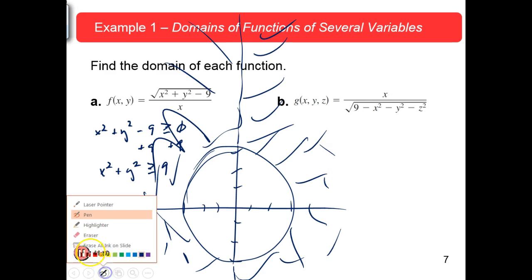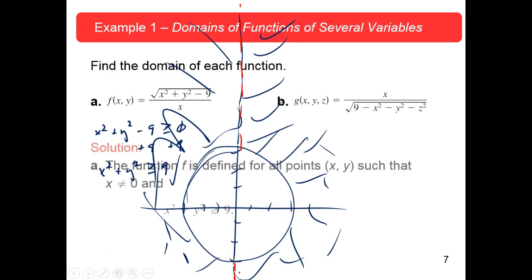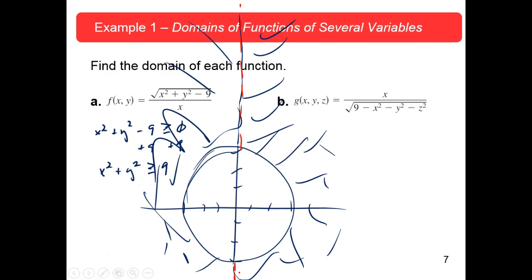But this, let's do that in red, which indicates you can't go there. You can't touch that. Anything on this side and outside the circle, and anything on that side and outside the circle, but also x can't be 0. So it can't be anything on the y-axis. So there's your domain. This part and that part.